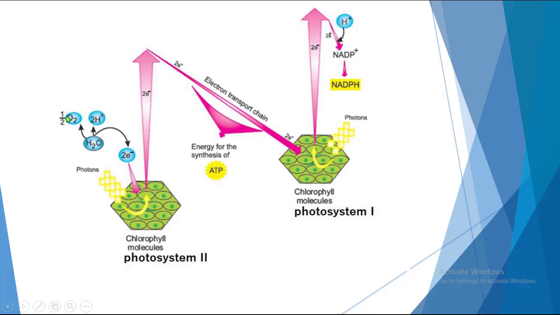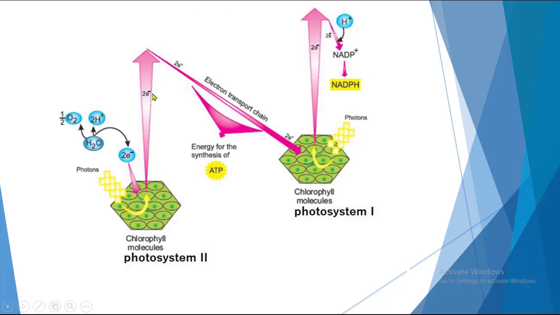But oxygen cannot exist in atomic state, it exists in molecular state. That's why we mentioned that when one water molecule is broken down, half an oxygen molecule is released and 2 hydrogen ions are formed. 2 hydrogen ions means they have lost their electrons. 1 hydrogen has 1 electron, 2 hydrogen means they have lost 2 electrons. These electrons fulfill the gap or the hole which was created in photosystem 2.